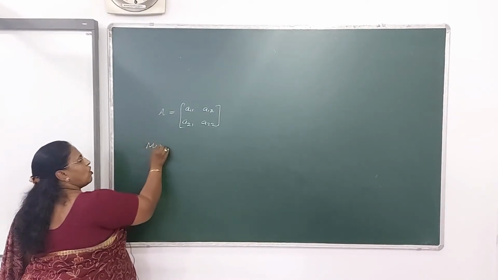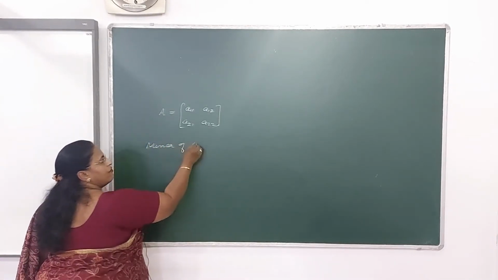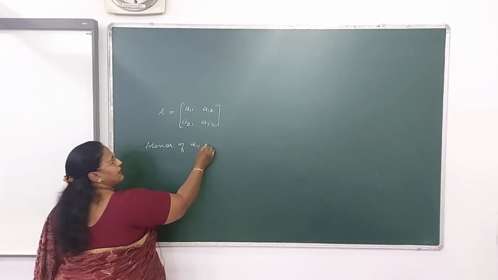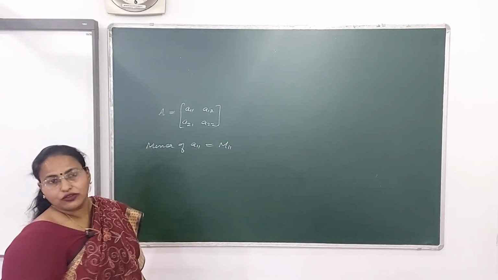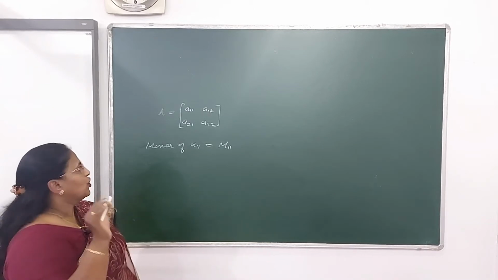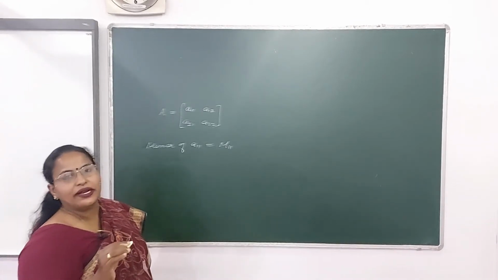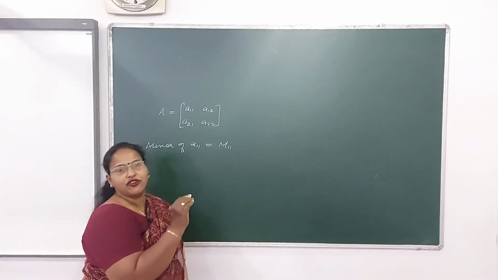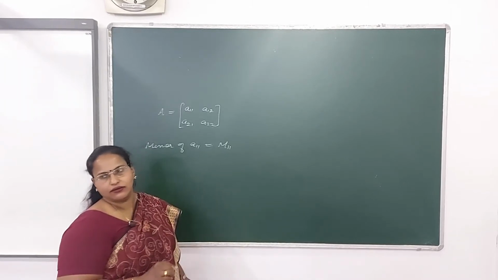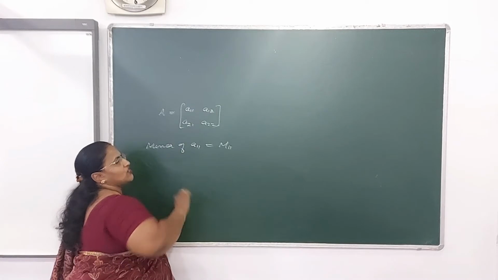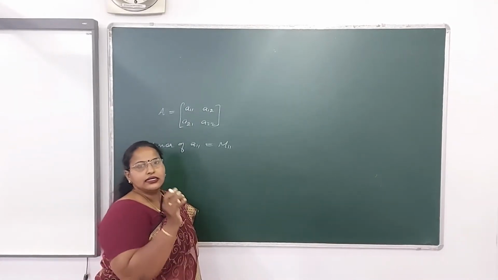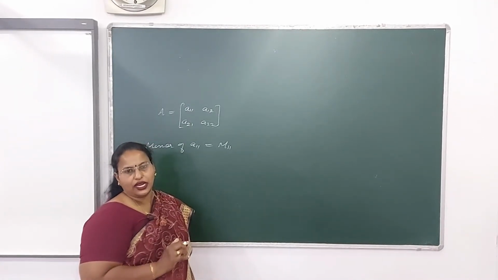So minor of A11 will be M11. Now how is M11 to be obtained? What will you be doing? You will be deleting the first row and the first column. So delete it. So when you delete the first row and the first column, a submatrix is obtained.